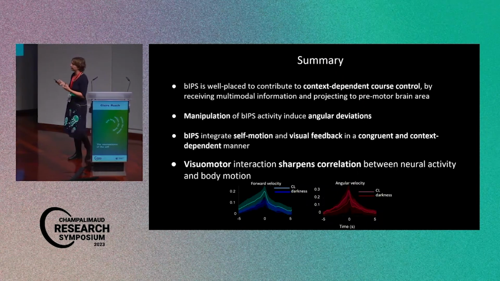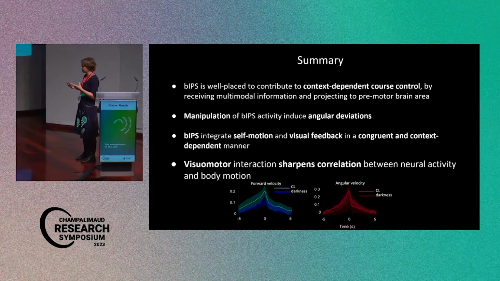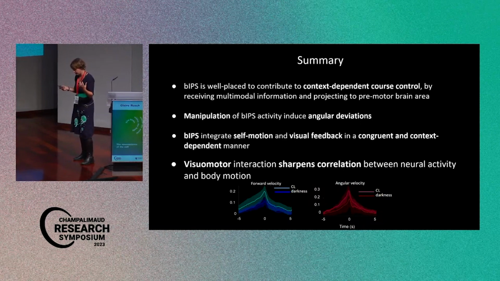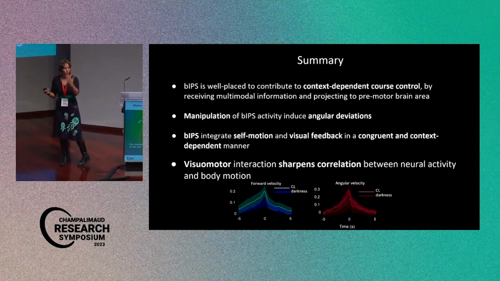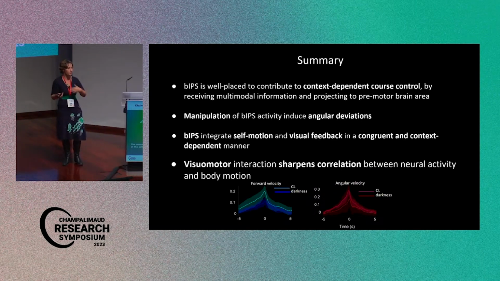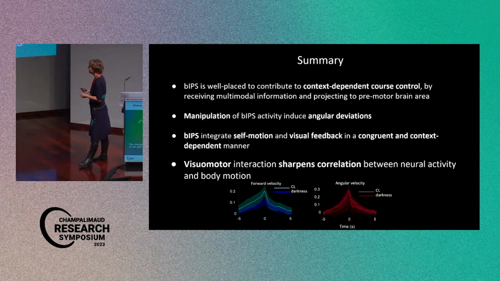So all of that tells us that BIPs is very well placed to do this visual-motor integration, to inform the way the fly is moving and be able to adjust course control if, for example, it's deviating from a straight line and wants to go back to where it was heading.